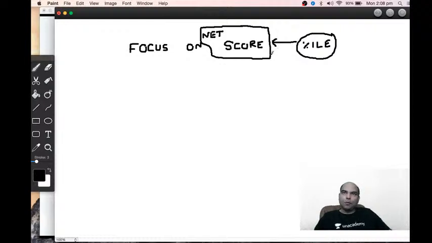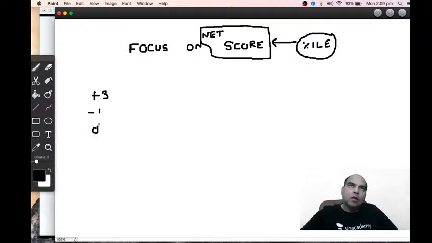And the basic thumb rule is, nowadays CAT is a +3, -1, and a 0. This is the marking pattern of the CAT, so to say. +3, -1 and 0 basically means that for a right answer you get 3 marks.